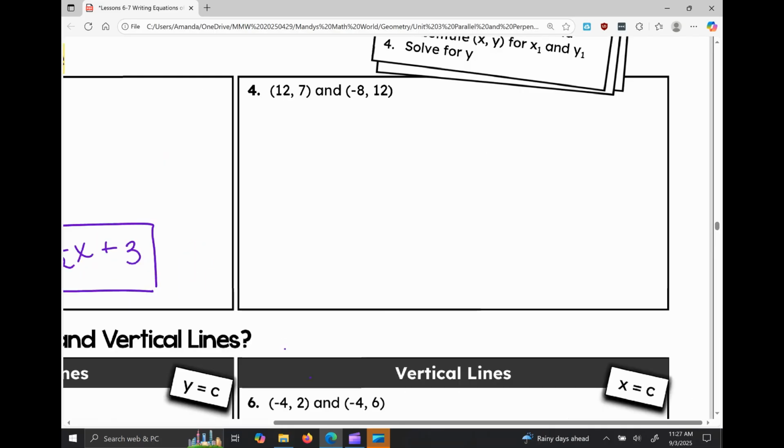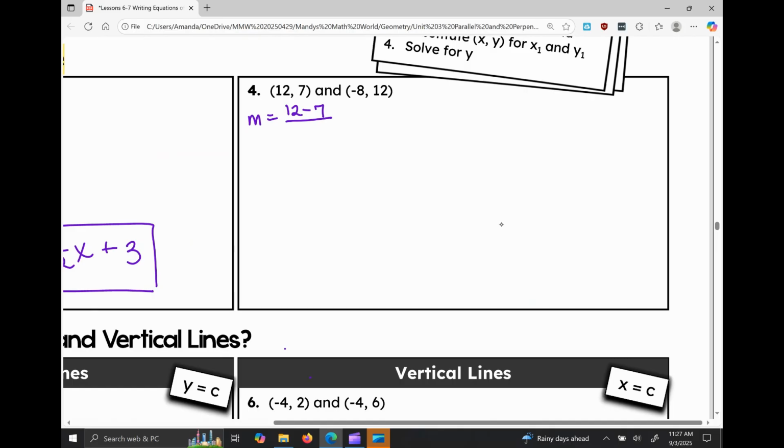Example number 4 tells us that the line we're supposed to find the equation for passes through the points 12, 7, and -8, 12. So the first thing that we need to do is find the slope of this line. Let's use the slope formula to do so. Slope equals, let's subtract our y values, 12 minus 7, over -8 minus 12.